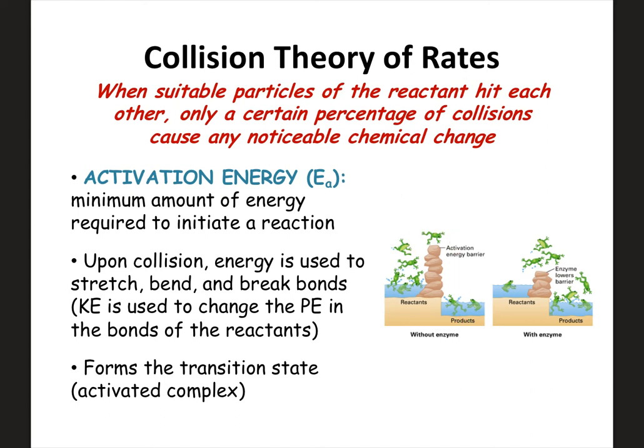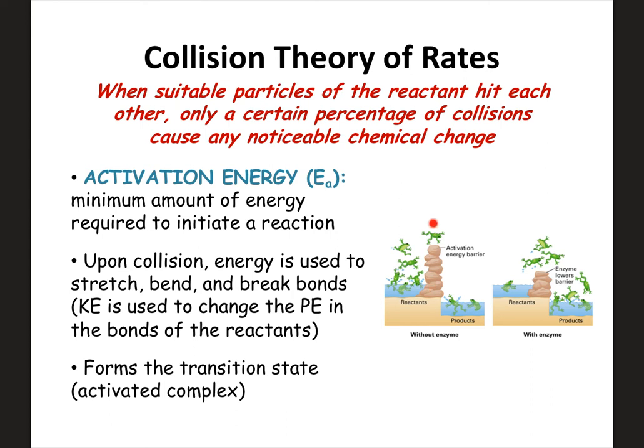Otherwise, they're not going to get to the other side. If they leap and they don't have enough energy, they're going to hit the rocks and they're not going to get over it. However, if you could provide a different pathway, say, a catalyst that lowers the activation energy, makes the pile of rocks lower, then it's going to take less energy to get over that barrier, and more of the frogs will get to the other side.